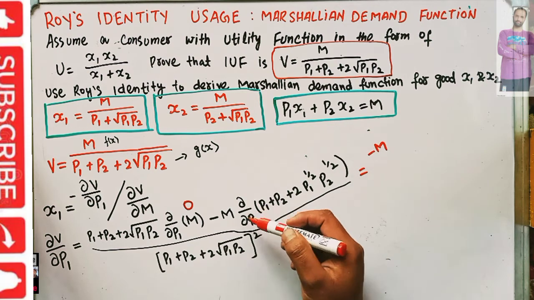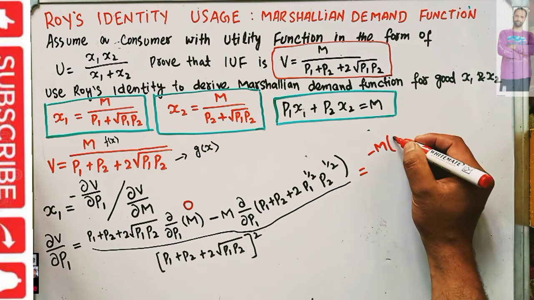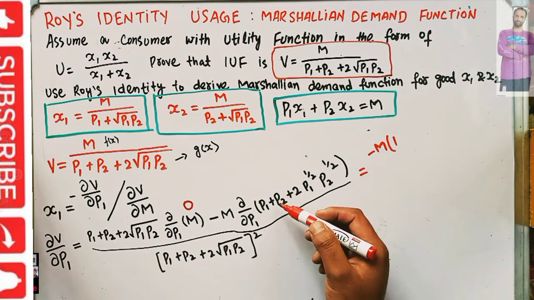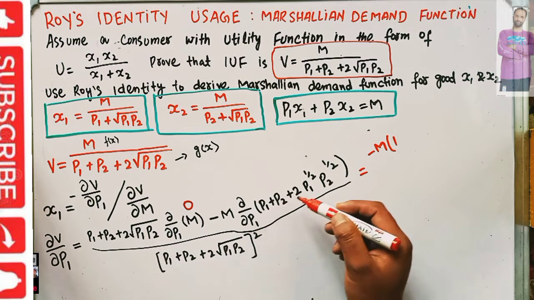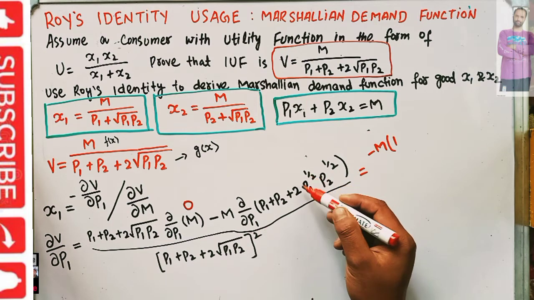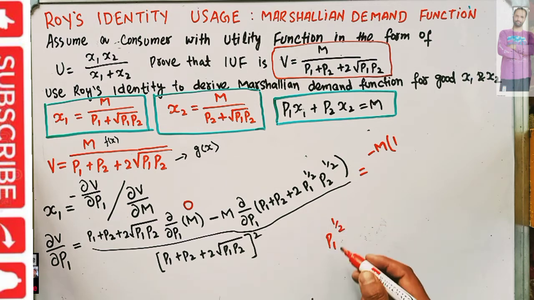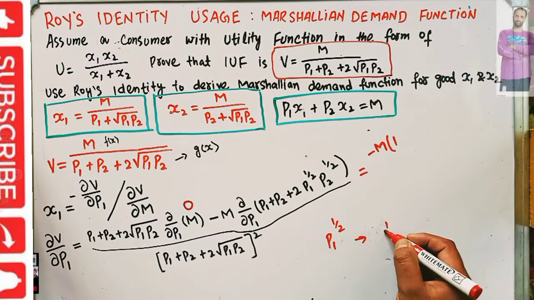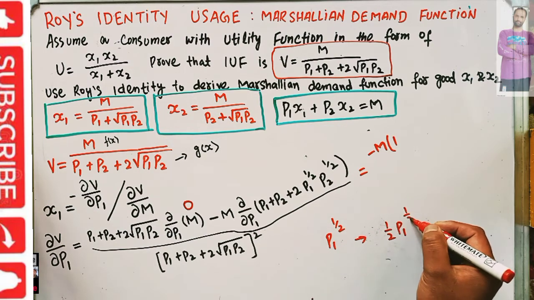Now derivative with respect to p1 this time. So derivative of p1 will be 1. Then we have p2, its derivative will be 0 because we are partially taking derivative with respect to p1. Now the derivative of p1 raised power 1 upon 2: this 1 upon 2 will become the coefficient, we have p1 and the exponent will be subtracted by 1.